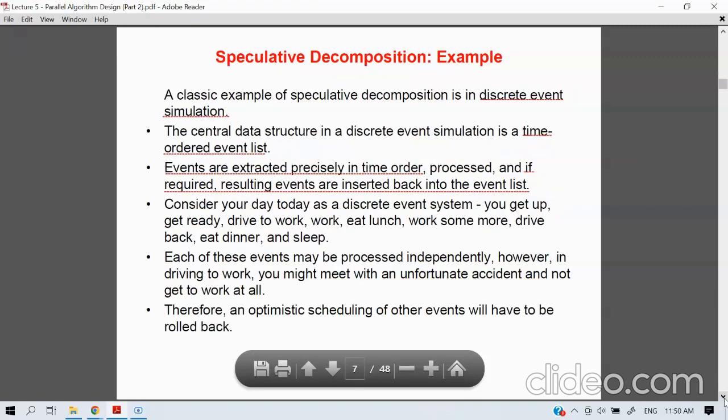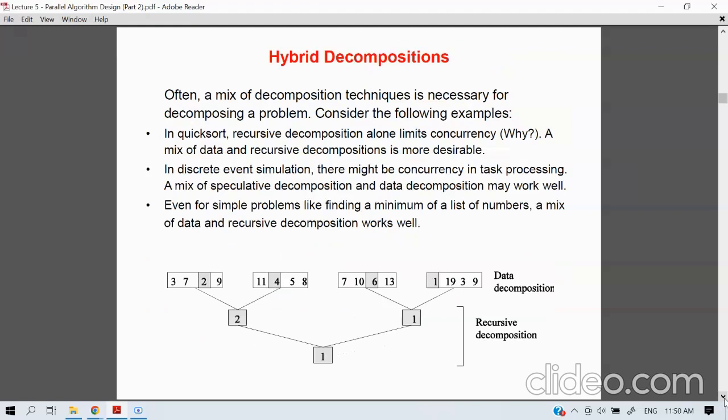Then another one, we also learned about hybrid decomposition. If none of the four techniques can increase the performance of the parallel processing, why don't we use a hybrid technique, where you can mix these four decomposition techniques into one?